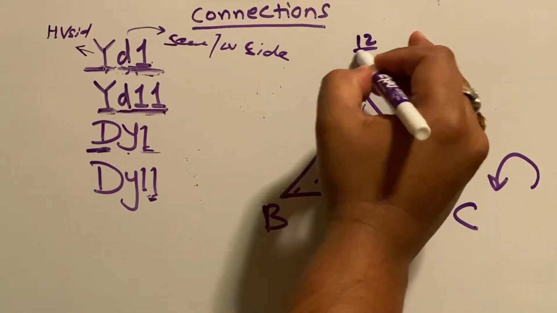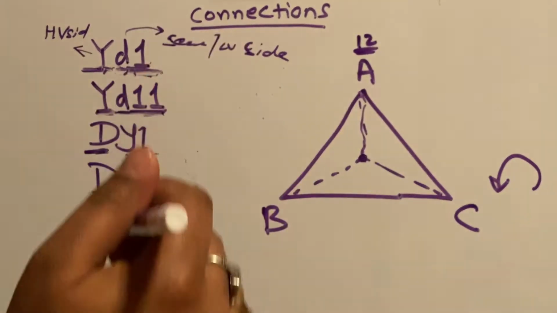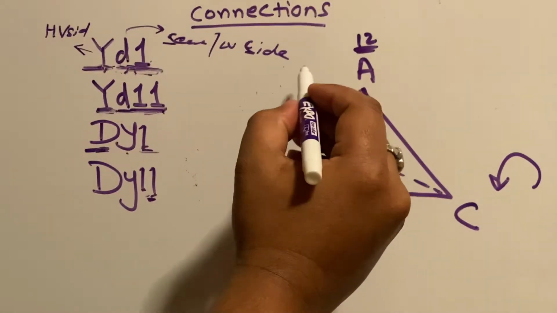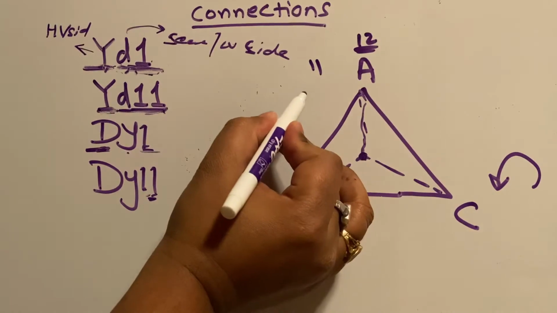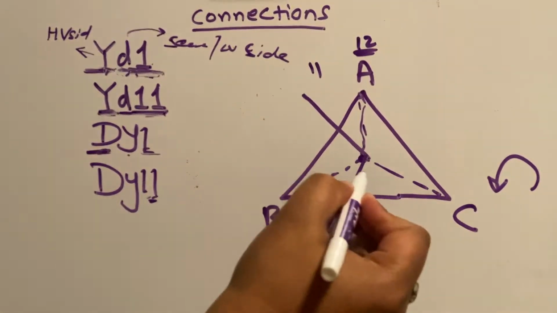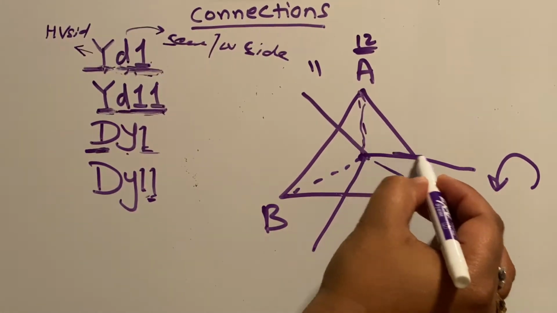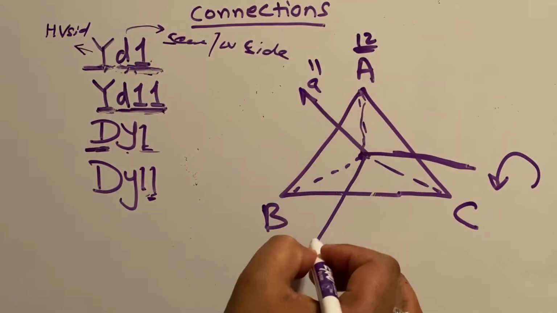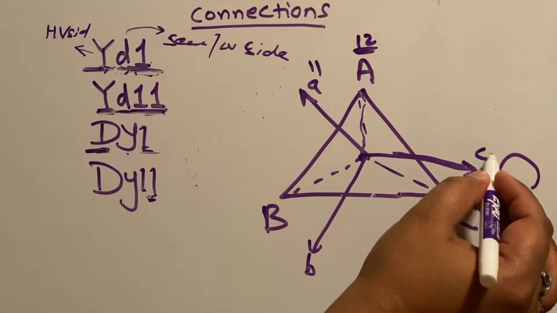So A is at 12 position, we know, because this is the primary winding. Now Y should be at 11 position, which is here. So now we will make the Y parallel to this line, this will go parallel to this line, and this will go parallel to this line. So this will be small a, this will be small b, this will be small c.